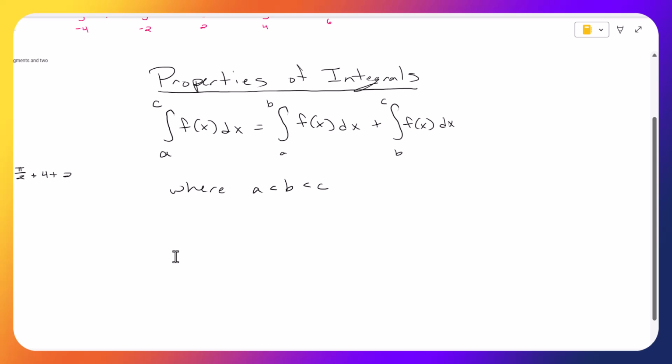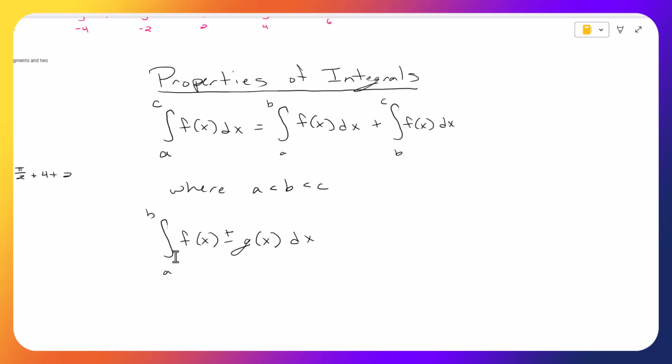So that's one of our properties of integrals. Our second property, let me make sure I'm getting it right. Okay, this is also similar to our derivative properties. If we have an integral from a to b of f of x plus or minus g of x, oops, I forgot something important. Don't forget your dx. I've been saying, don't forget your dx. You couldn't even tell that I forgot it because it didn't refresh, but I forgot it, and then I told y'all to not let me forget it.